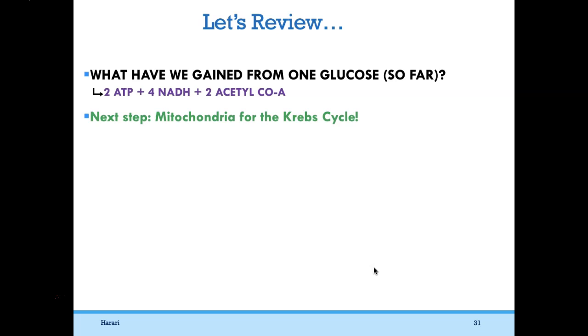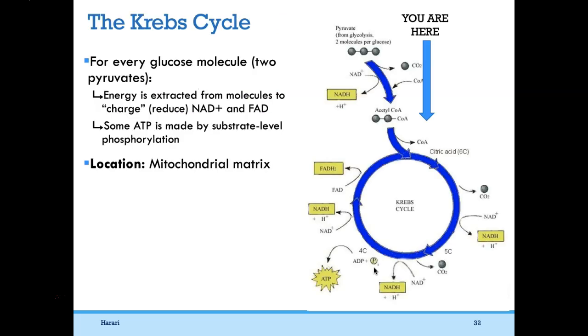But now we're in the mitochondria for the Krebs cycle, also known as the citric acid cycle. For every glucose molecule, meaning for every 2 pyruvates, energy will be extracted from those molecules, right? Those molecules will be oxidized, and as a result, we can charge or reduce NAD plus and FAD into their higher energy molecules like FADH2 or NADH.